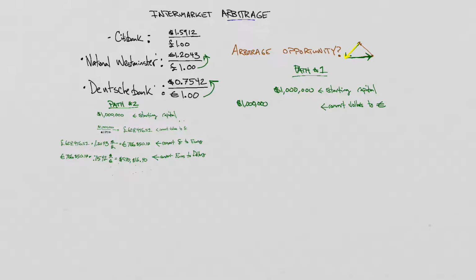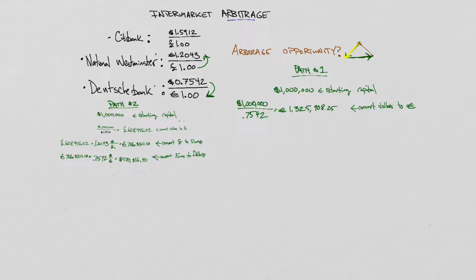This time we're going from dollars to euros, so we're going to divide by that 0.75, because going from dollars to euros, we should end up with a bigger number. And in doing so, we end up with 1.325 million euros.